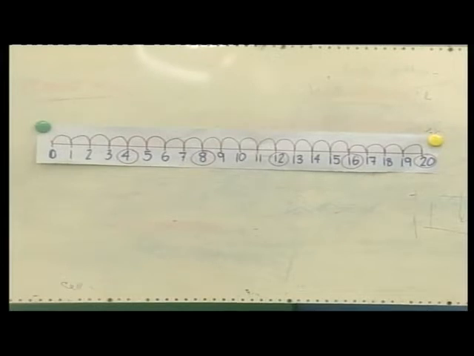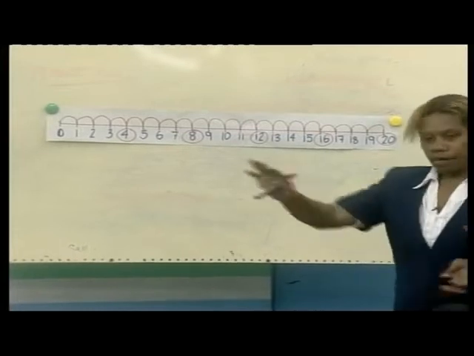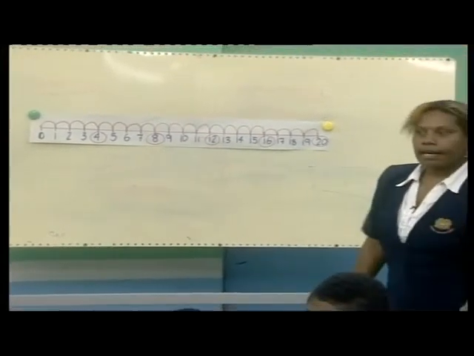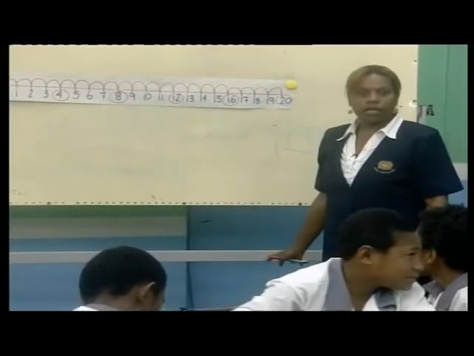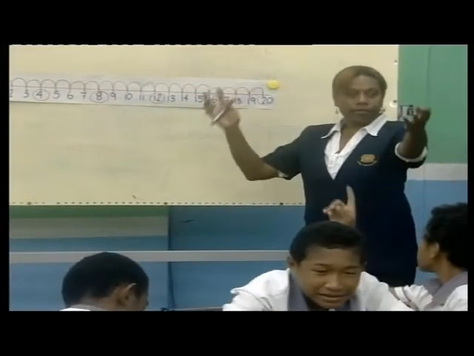Okay, Jason? 4 times 1, 4 times 2, 4 times 3, 4 times 4, 4 times 5. Okay, thank you, Jason. Good. Same with Onia, mentioned something about the 4 times table. Okay, class? All right, Robert.